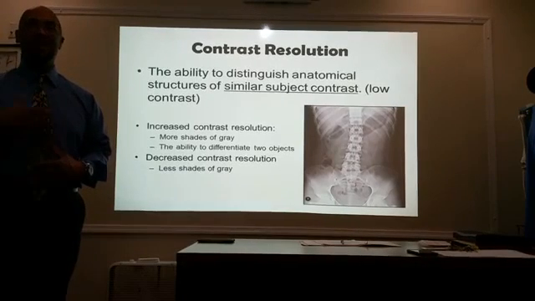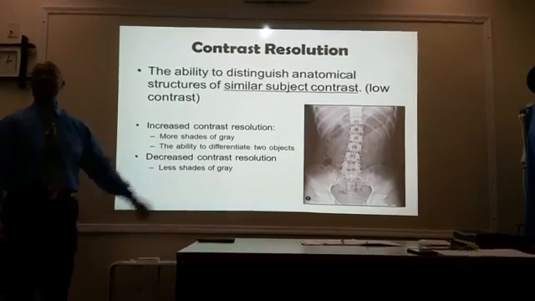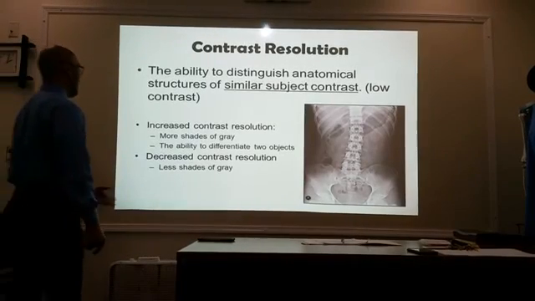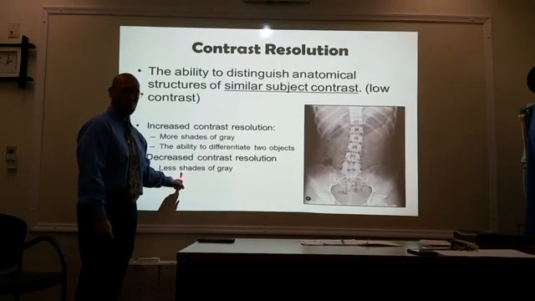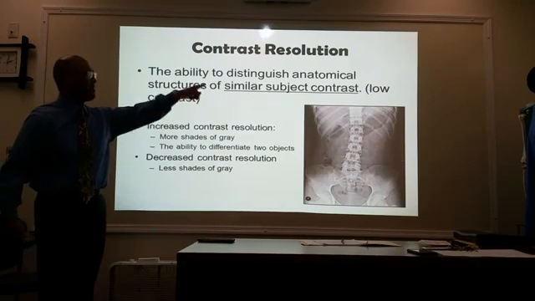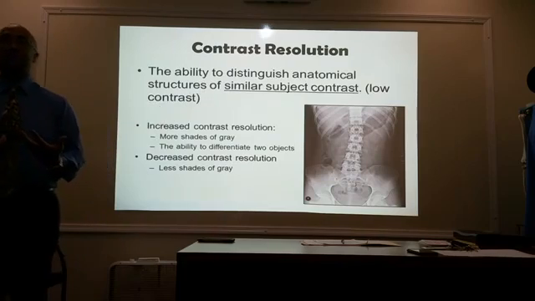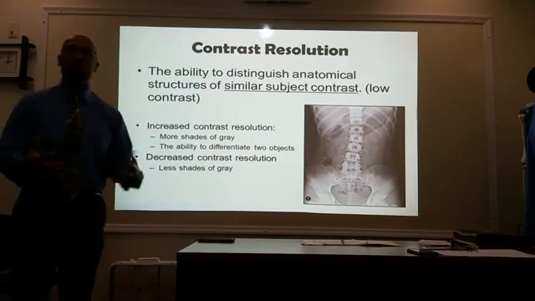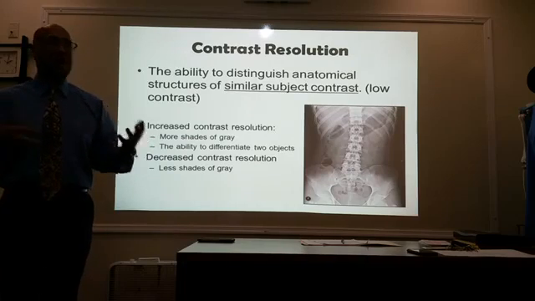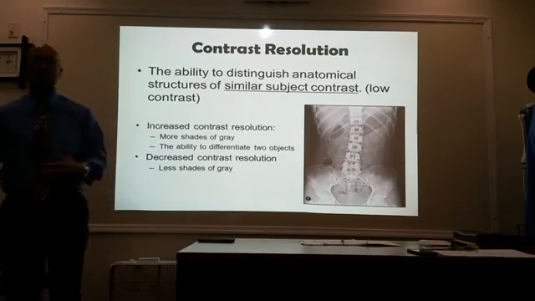So think opposite now. Just got trickier. Decreased contrast resolution is less shades of gray. Now it's more difficult to delineate the similar structures. If you have a lot of similar structures, you want a lot of grays to delineate one structure from the next.